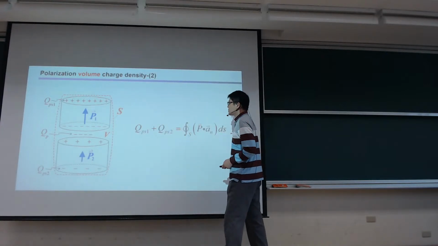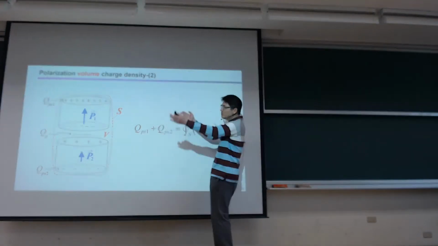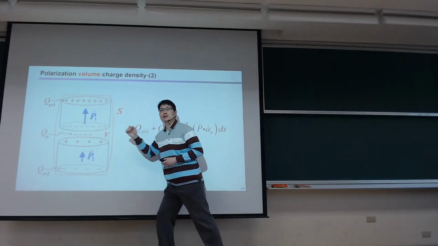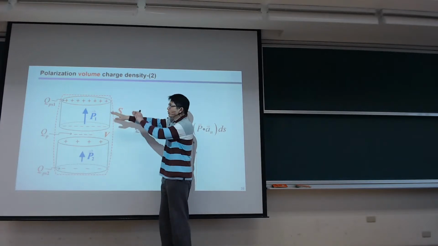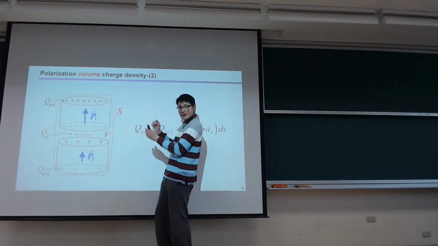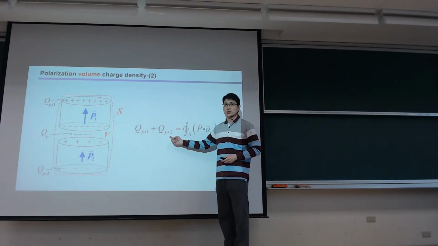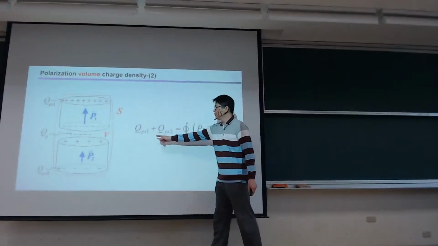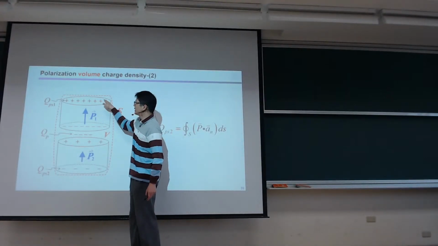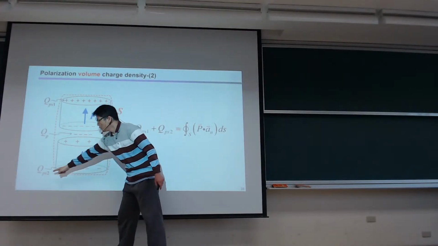All right, so suppose we don't want to enter this material, we only want to observe it from the outside. So we count the total charge at the outer surface. So QPS1 is this one, the 8 positive charges.